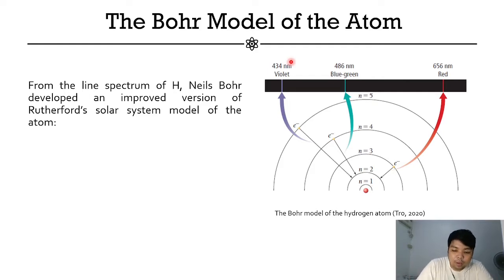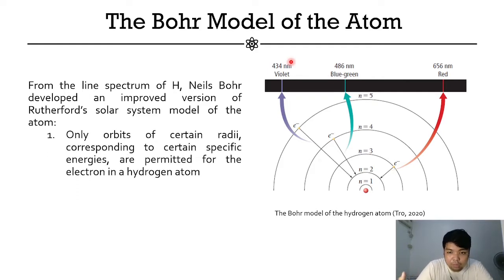In Bohr's model of the atom, orbits of certain radii correspond to a specific energy, and that energy is permitted to be the energy of the electron in a hydrogen atom or in a hydrogen-like atom.